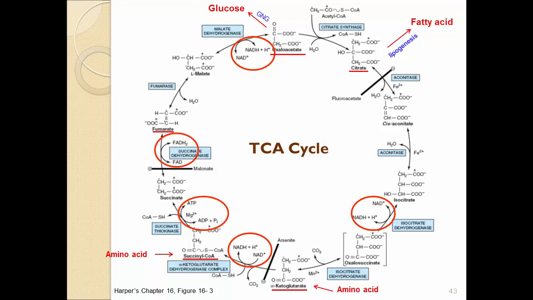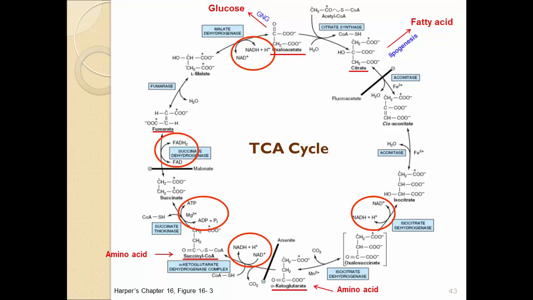So we're going to talk about anaplerosis and catabolism in this process. That means that the amino acids, for example during fasting, some of the amino acids can be used as a precursor for gluconeogenesis, right?